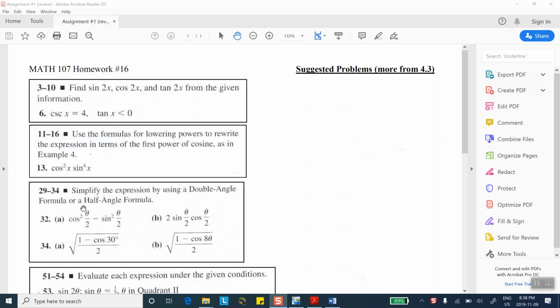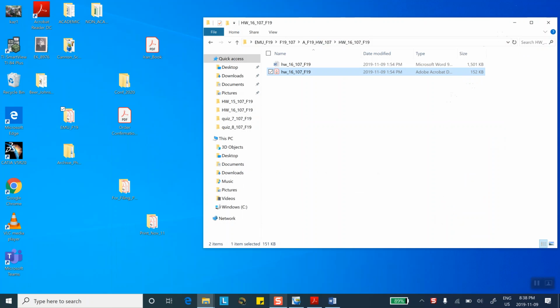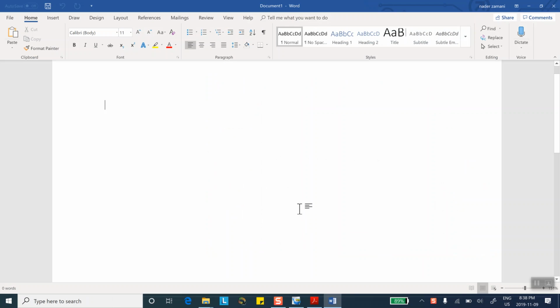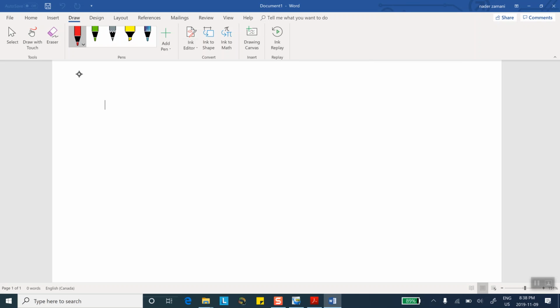Now, several of these initial problems, at least, already appeared in some form in homework 15, but it's being presented here as another review. Okay, so we are doing number 6, and what it says is that suppose cosecant of x is equal to 4, and we know that tangent of x is negative.